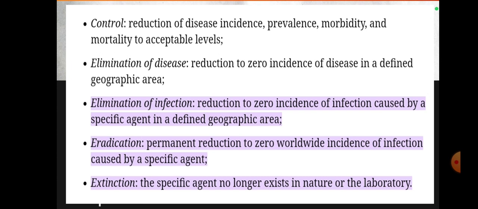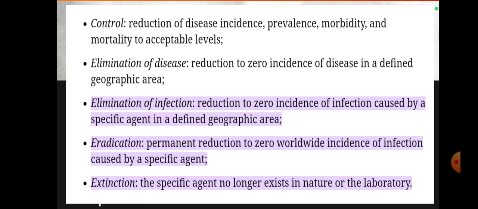Elimination of infection means reduction to zero incidence of infection caused by a specific agent in a defined geographical area. Eradication means permanent reduction to zero worldwide incidence of infection caused by a specific agent.